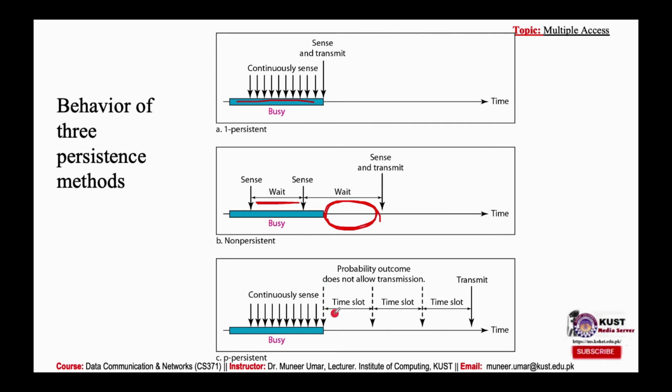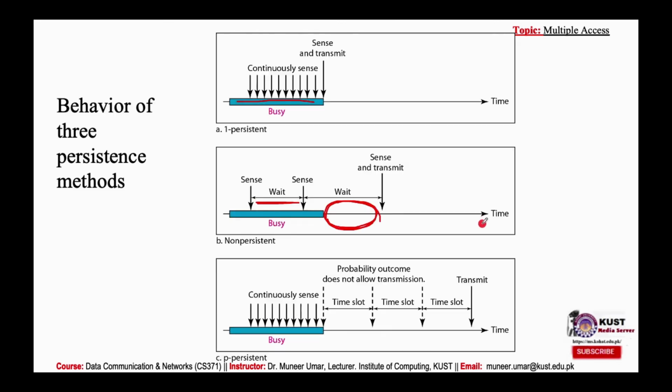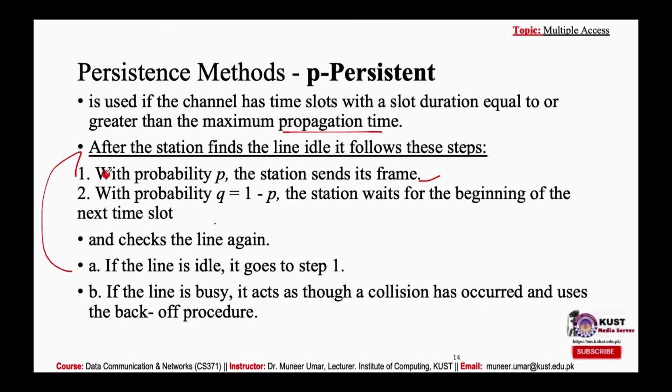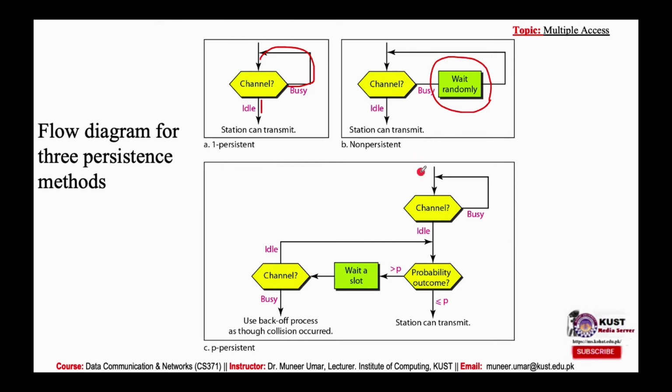There we will have some time slots according to the outcome, and according to the steps the data would be transmitted, or step number 1, which was about the probability, will be calculated again. So here step number 1 was probability p. Now the channel is checked whether it is busy or idle.